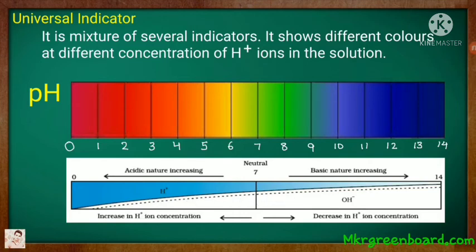So the acidic pH ranges from 0 to 7, basic pH is from 7 to 14, and 7 is the neutral pH.